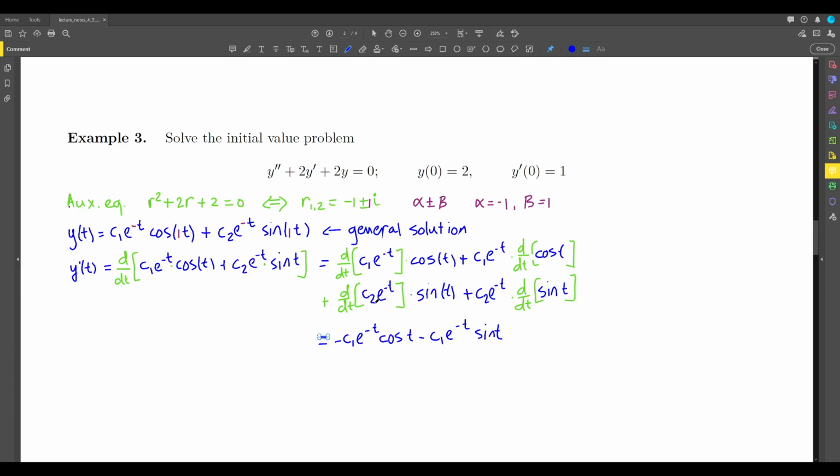The second line, derivative of c2 e to the power negative t is negative c2 e to the power negative t times sine of t, and then plus c2 e to the power negative t, derivative of sine is cosine of t. Okay, now that was the hardest work. Now let's look at the initial conditions.